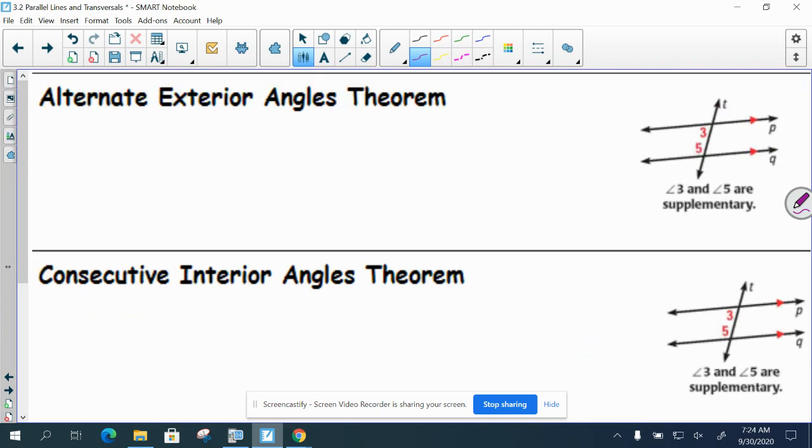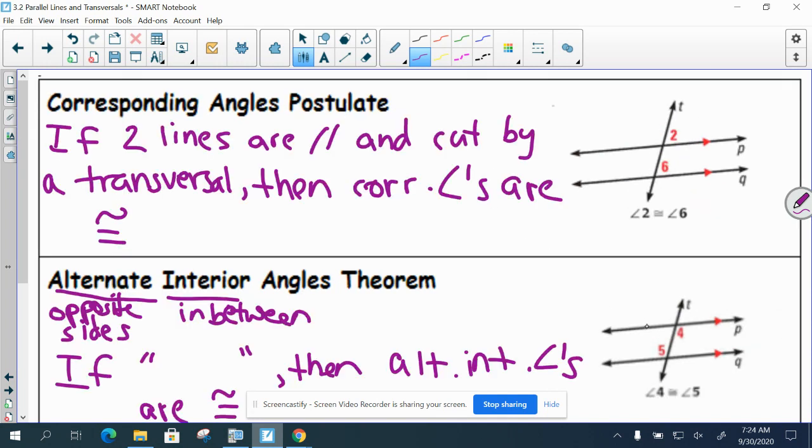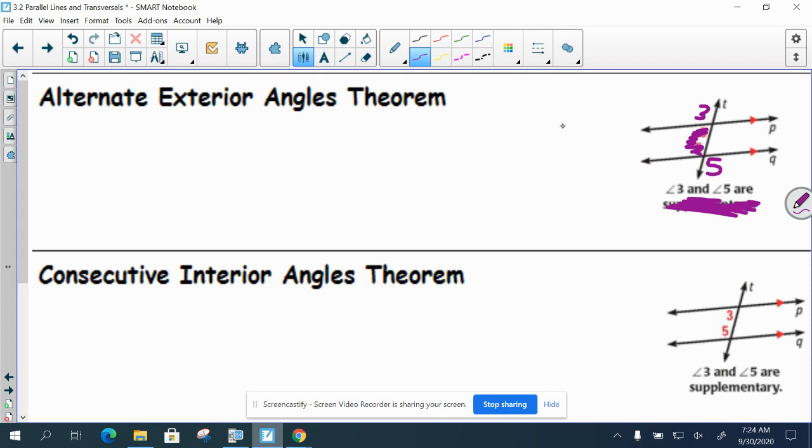Alternate exterior. Okay, I always forget that I messed up this diagram here. So let's try that again. How about we label that 3 and that 5. So in this particular case, 3 and 5, well, actually, we could call it 1 and 8. Let's do that.